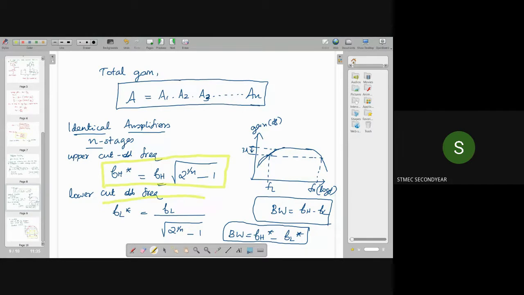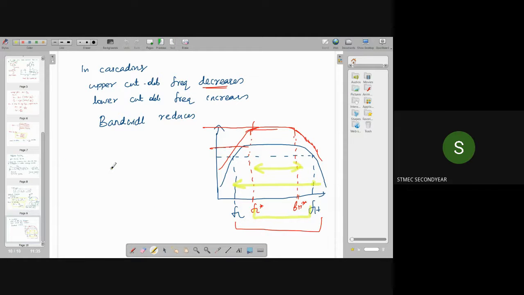Our lower cutoff frequency increases: FL star is equal to FL divided by root of 2 raised to 1 by n minus 1. In effect, the lower cutoff frequency increases and the upper cutoff frequency decreases, which means our bandwidth reduces. So in multi-stage, gain improves and bandwidth reduces. This is the reason the gain bandwidth product is always constant: if gain increases, bandwidth reduces, and if bandwidth increases, gain reduces. So that's about multi-stage amplifiers.